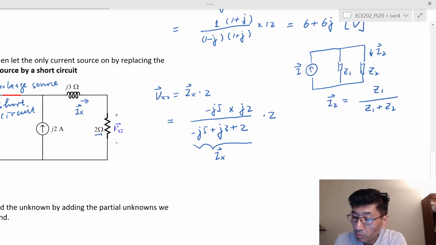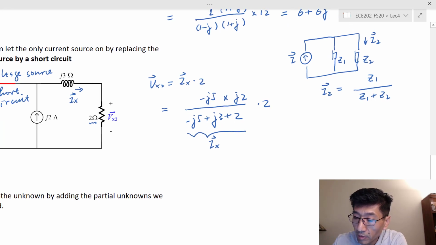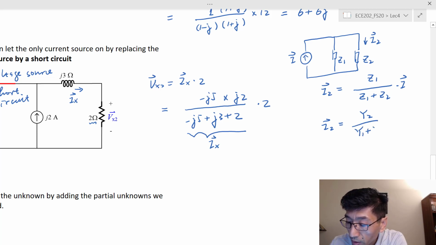And you may ask where this comes from, right? This comes from our original discussion of current division, where I should use Y2 times the total current I. We learned in current division that we should use Y2 over Y1 plus Y2 times the total current.